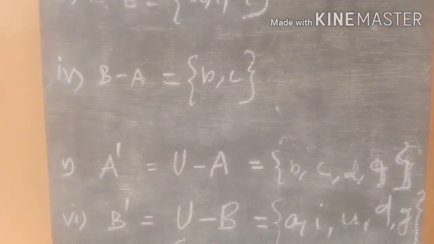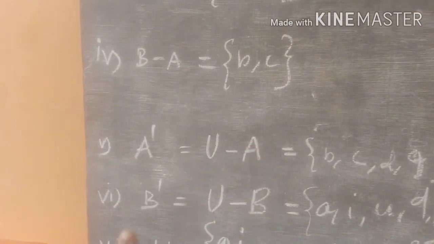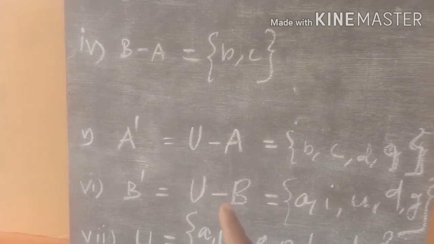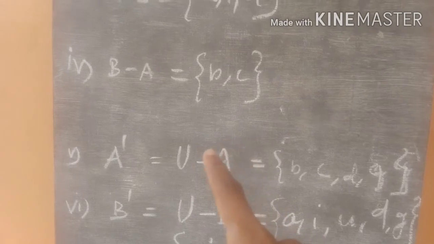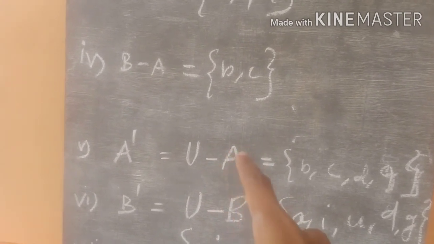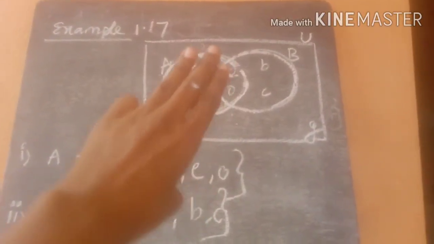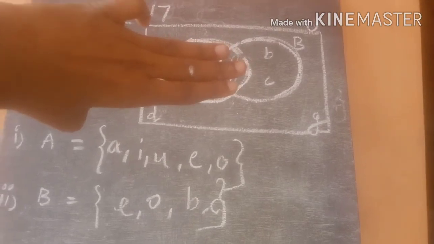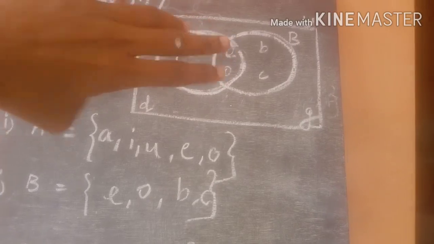A dash. So A dash means universal set minus A. B dash means universal set minus B. So minus A means you have to hold that set. So you will hold the A set. What are the remaining elements of U? That is the answer. You have to hold the A set. What are the remaining elements? B, C, D, G. Got it?